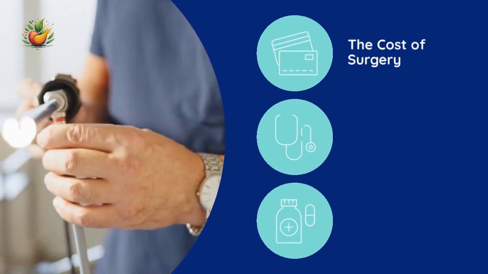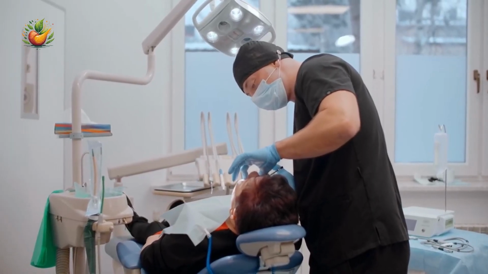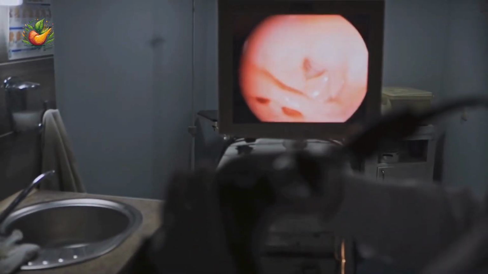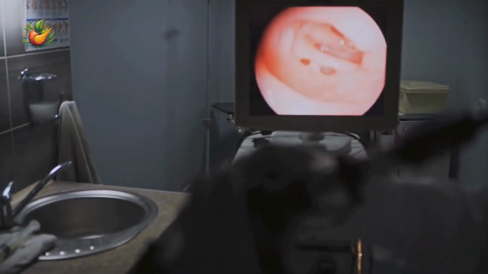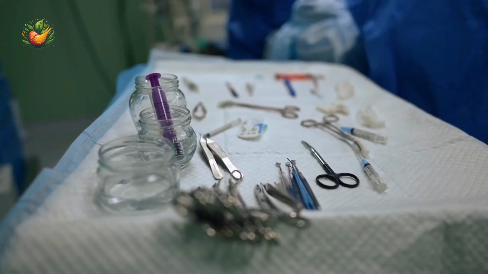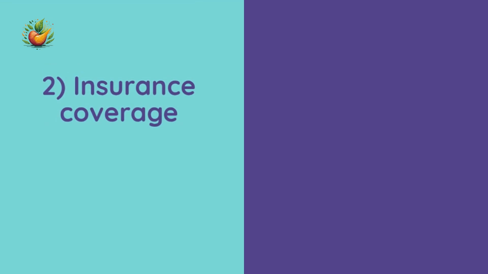The cost of surgery. Understanding the financial implications of colorectal cancer surgery is crucial. Costs can vary significantly based on several factors, including type of procedure. Different surgeries have different costs associated with them. Insurance coverage: your insurance plan will greatly affect out-of-pocket expenses.